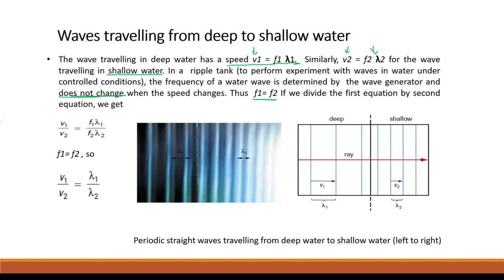So the v1s are going to be on top, so we do v1 divided by v2 is equal to f1 lambda 1 divided by f2 lambda 2. And since the machine determines the frequency, it doesn't change. We can treat them the same, so they end up canceling each other out. And so we're left with v1 over v2 is the same as lambda 1 over lambda 2. So we have this type of equivalent ratio.